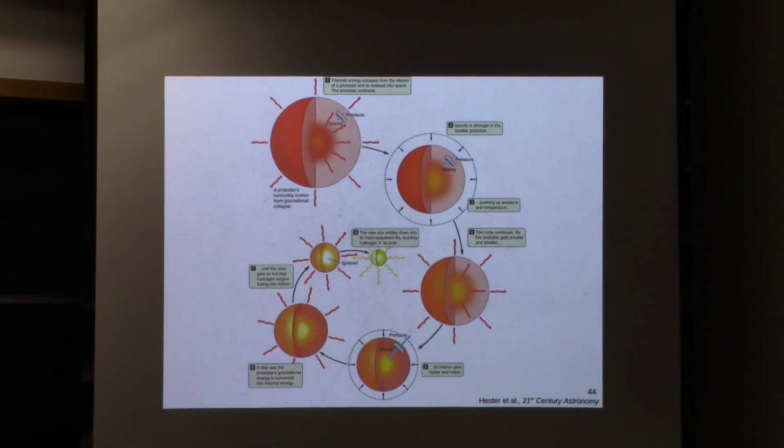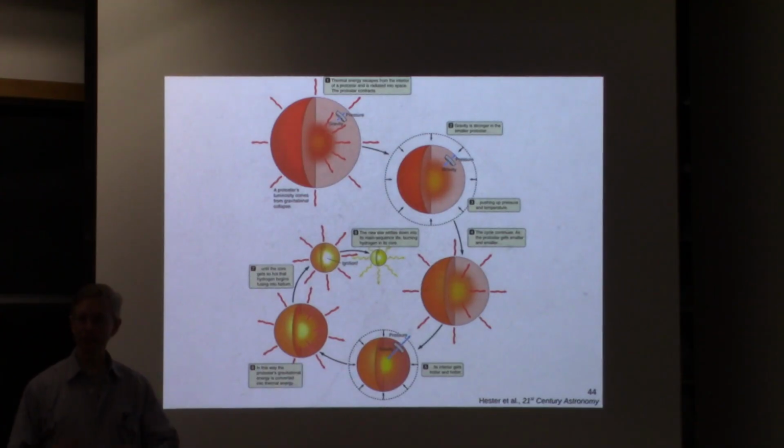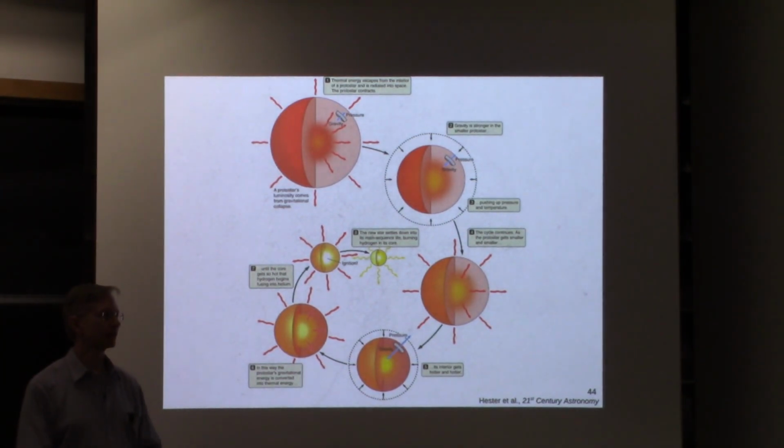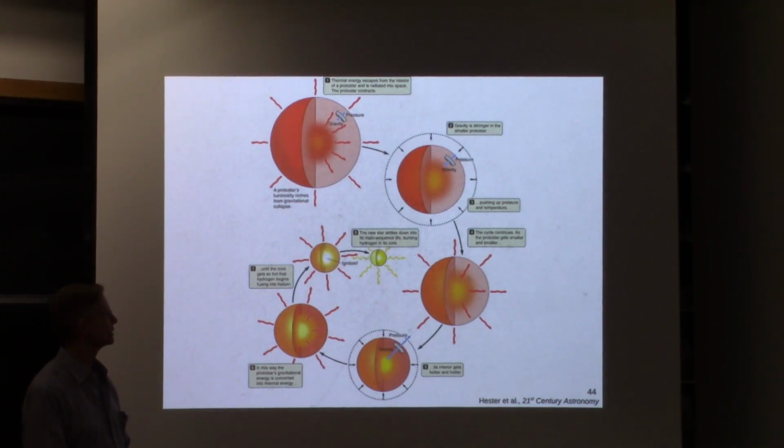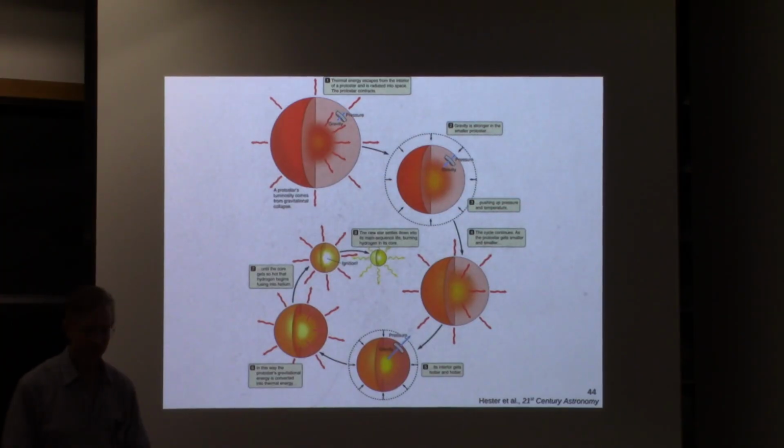So if the interior hits 10 million Kelvin, then hydrogen fusion begins, and that's when we can get a long-term equilibrium between the pressure in the core and the weight of the overlying layers. In other words, when there's thermonuclear power being created in the star's core, the new star settles down into its main sequence life, burning hydrogen in its core.